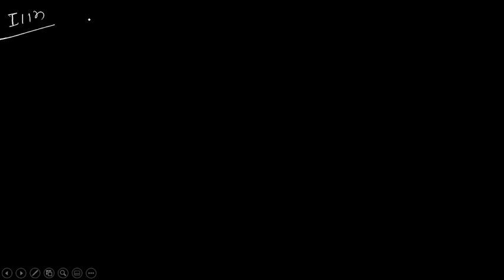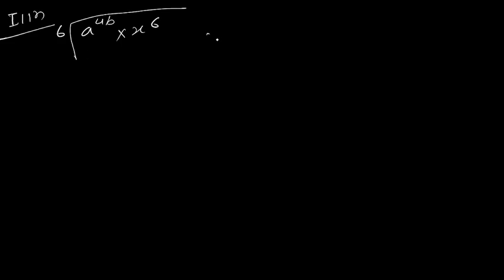What you have is a to the power 4b multiplied by x to the power 6, and here you have the 6th root, okay, multiplied by a to the power 2 by 3 and x to the power minus 1, whole to the power minus b, right?